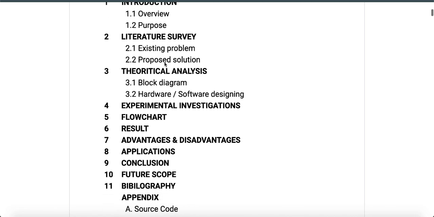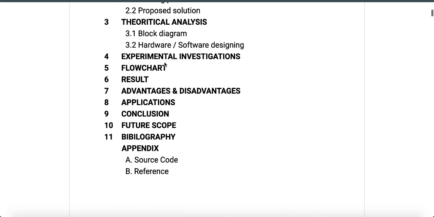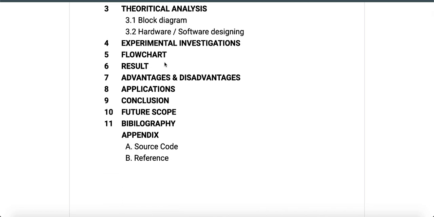Literature survey means the content about the existing problem and the solution which we are proposing. Then theoretical analysis, the block diagram and hardware software designs, etc. Experiment investigations will cover which accounts I created and how I moved with each and every step. Flowchart is basically the Node-RED flowchart which I talked about earlier, and result is the final result. Advantages and disadvantages and some more content is there regarding my project itself.